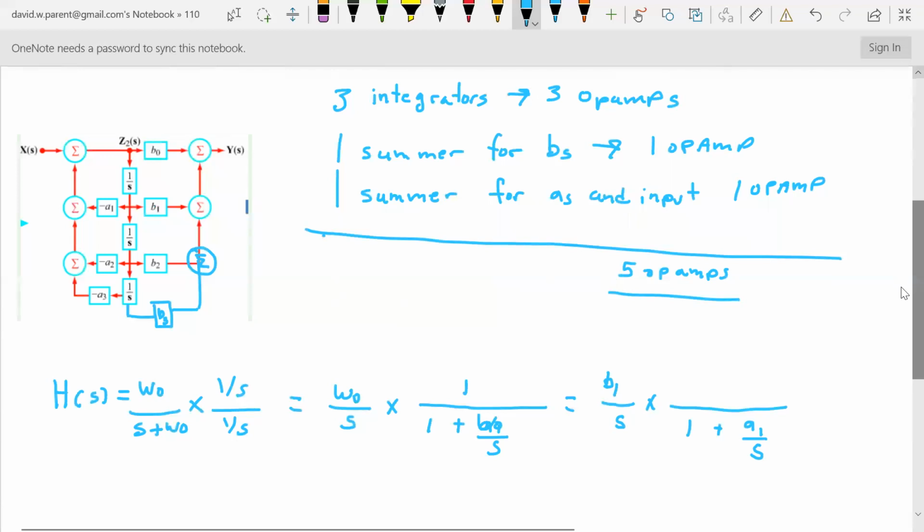If when we multiply through by 1 over S and 1 over S, there was no integrator term over here, oh, well, then we would call it B naught. And like I said before, we don't always have every constant, so we just have to be careful.